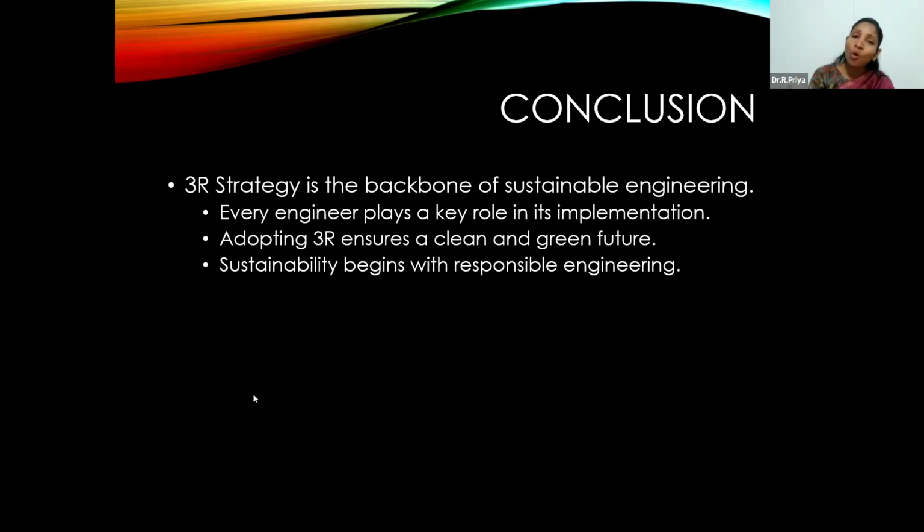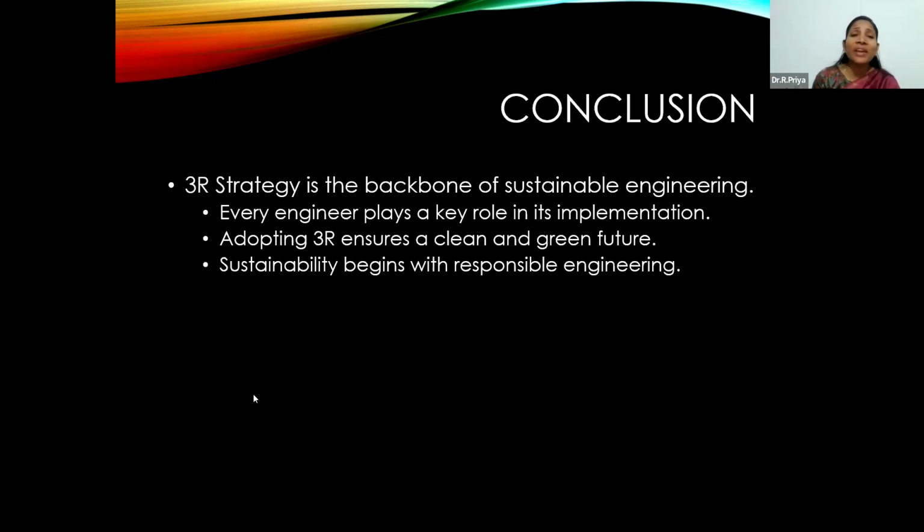Even small engineering innovations can create a big positive impact on the environment. By adopting the 3R strategy, we can ensure a clean and green future.